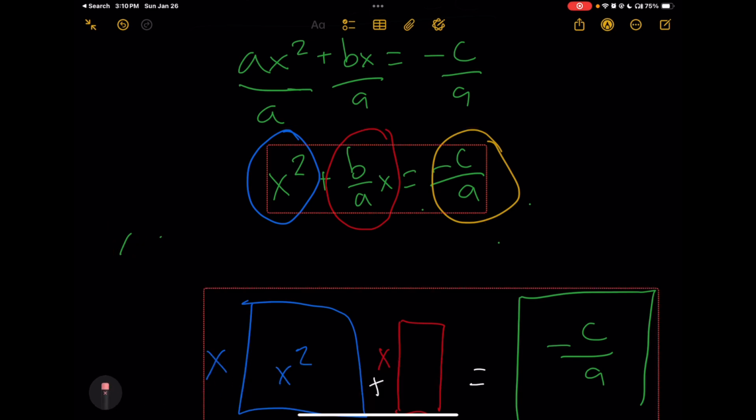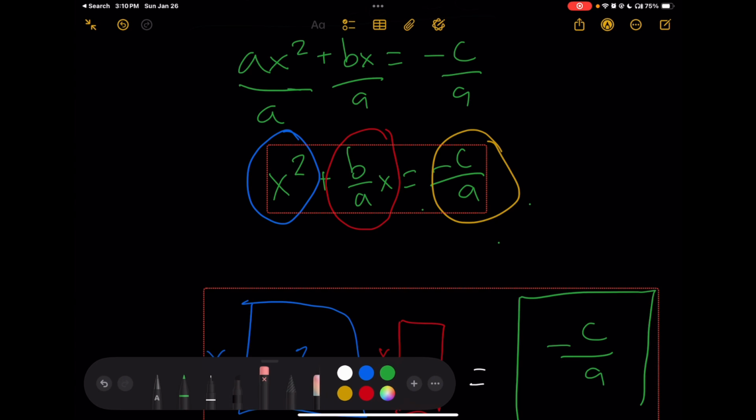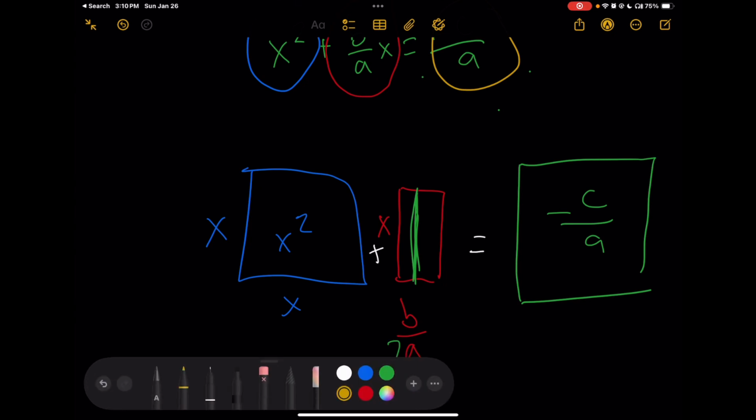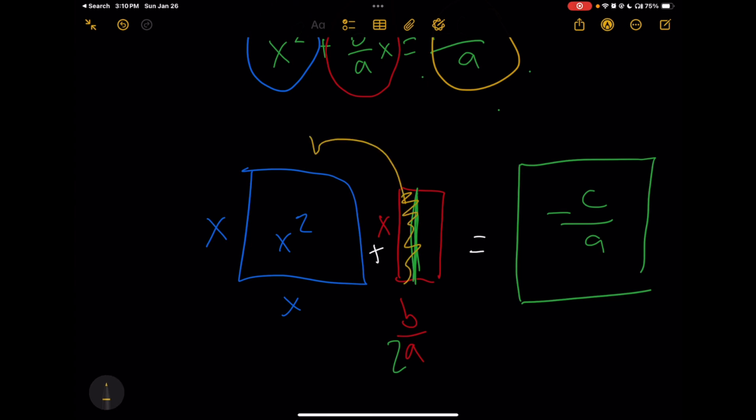So now what I'm gonna do is actually do the method of completing the square. So I'm gonna cut this up into two parts, so we're gonna get b over 2a, and then one part, let's make this yellow, this part is gonna go here, and this part is gonna go here.